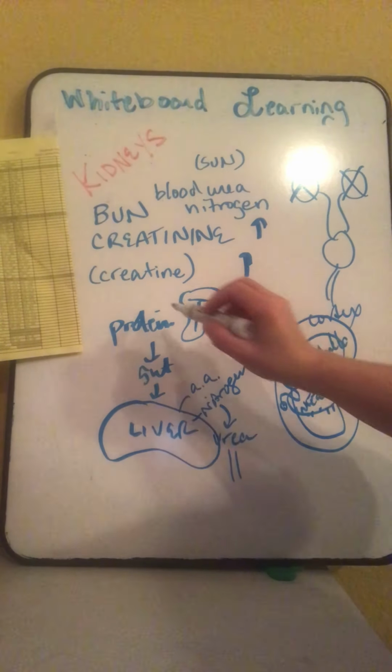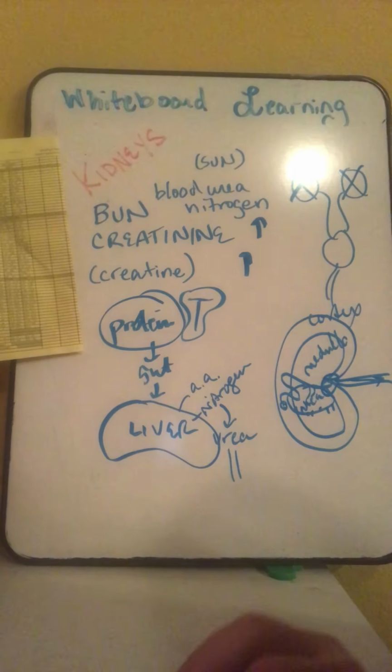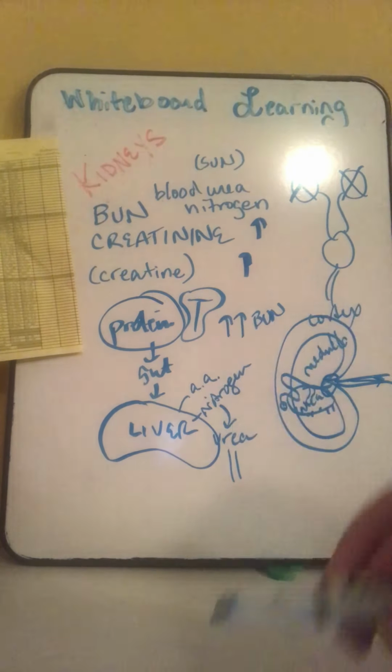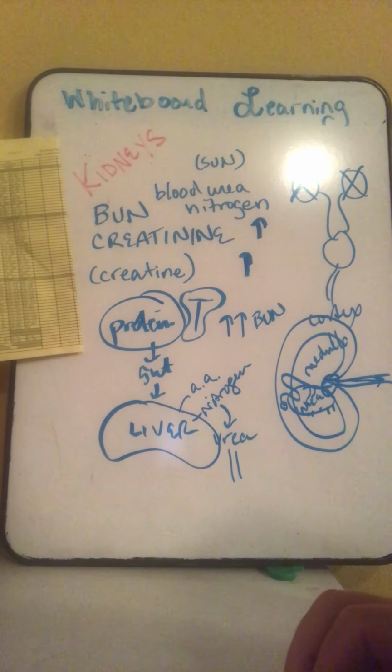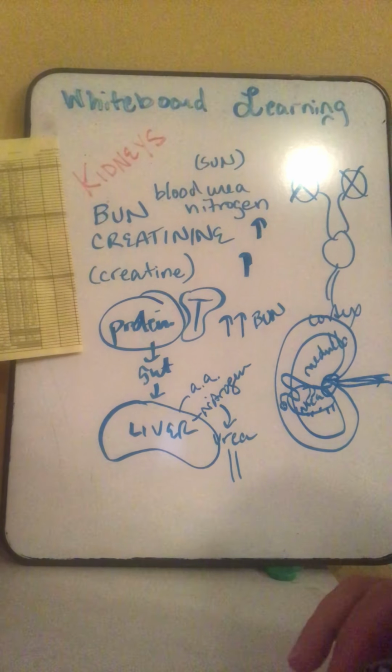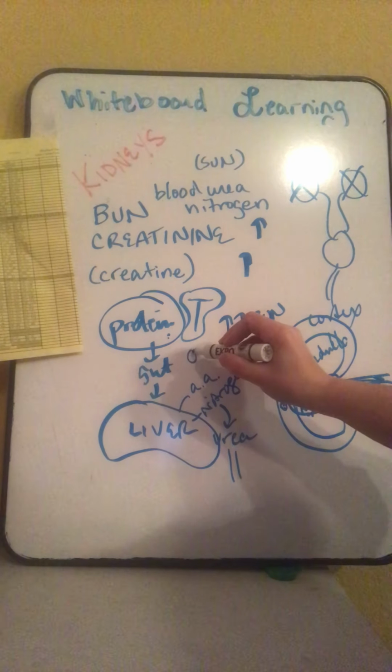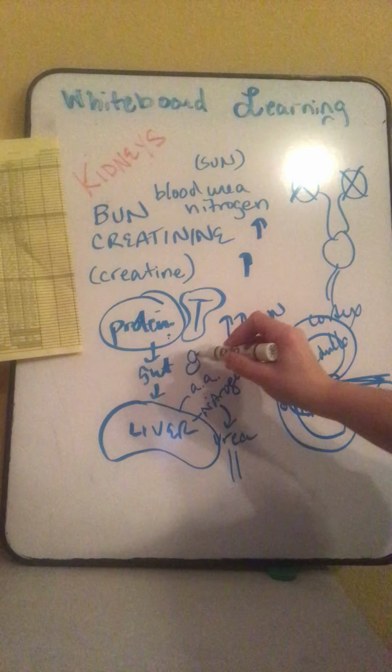Now, what's the problem? Well, if you eat more protein, that can falsely make your BUN go up. So if all you ate were the keto diet, you could make your BUN go up. The other way that you can do that, eat a lot of protein, is have GI hemorrhage, so gut bleeding.